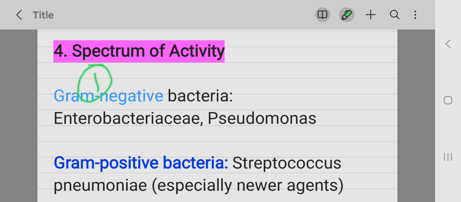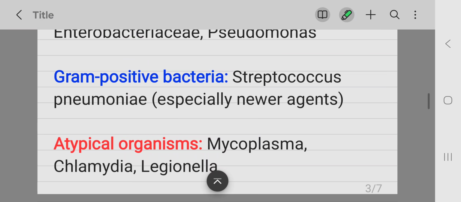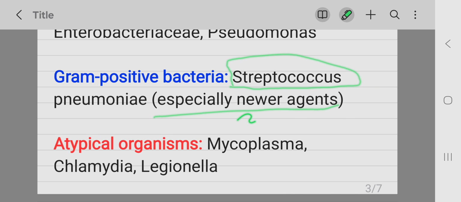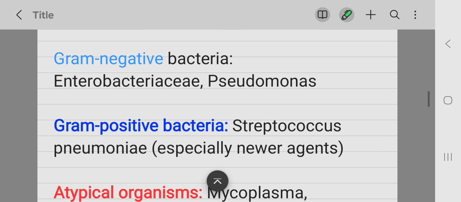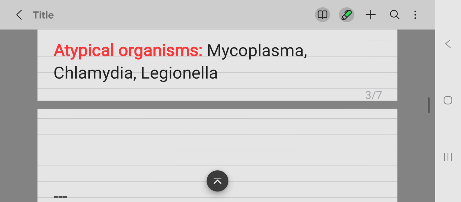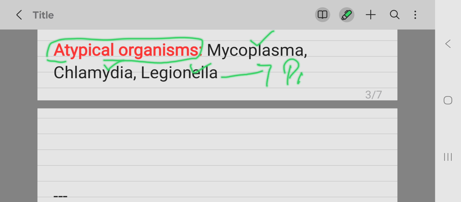Quinolones are active against gram-negative bacteria, and gram-positive bacteria, especially Streptococcus pneumoniae, and for this we mostly use levofloxacin. They are also active against atypical organisms like Mycoplasma, Chlamydia, Legionella, which mostly cause pneumonias.